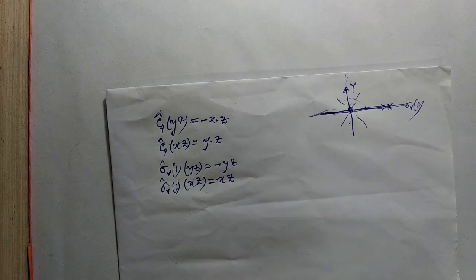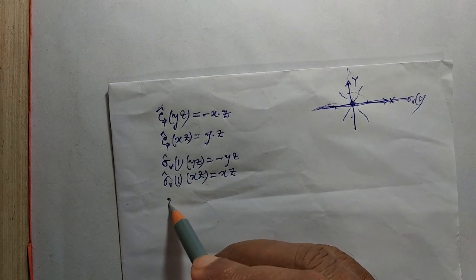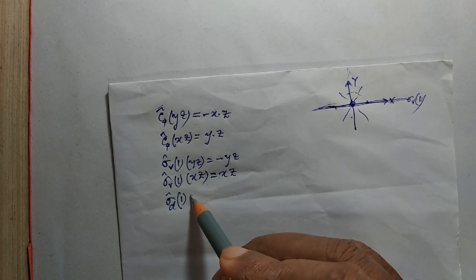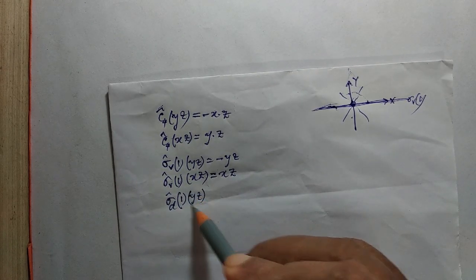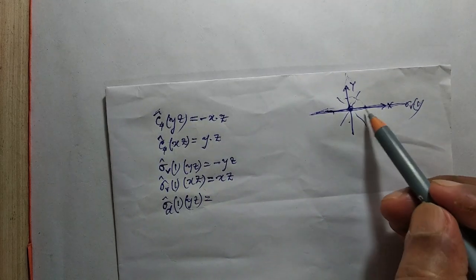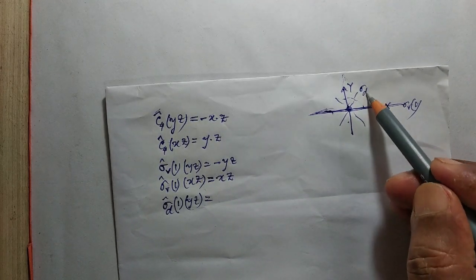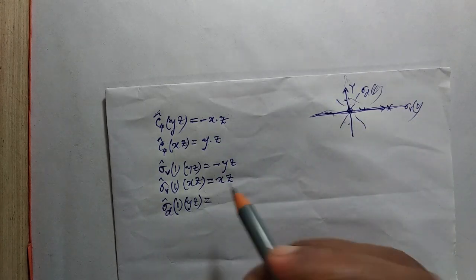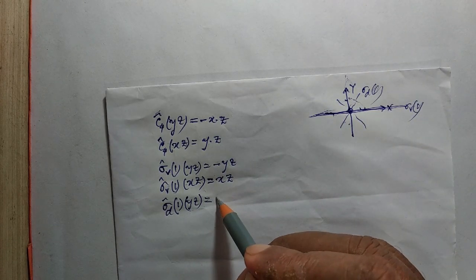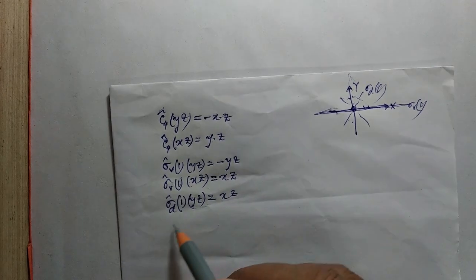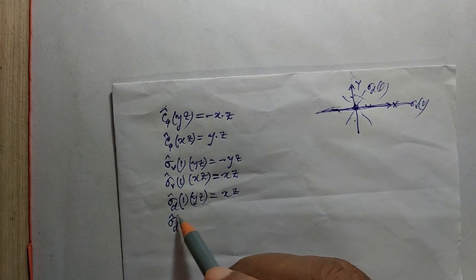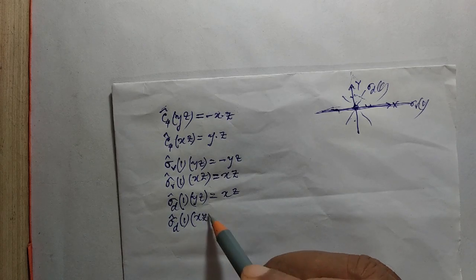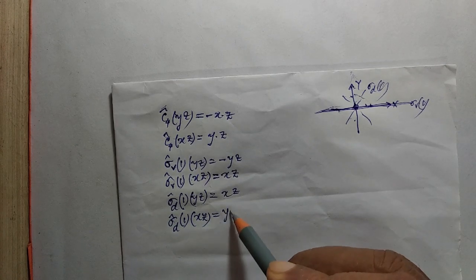We get xz. What about sigma d? Sigma d1 on yz will give what? This is sigma d1, x turns to y and y turns to x. Therefore yz will give xz, and sigma d1, the same operator on xz, will give yz.